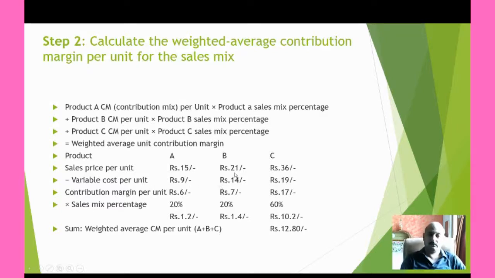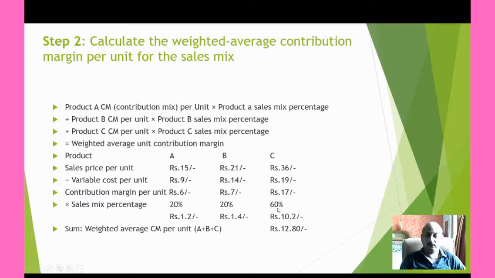So for product A we got rupees 1.2, for product B rupees 1.4, and product C rupees 10.2. Then we add all these. So the sum is the weighted average contribution margin per unit, A plus B plus C, equals rupees 12.80.